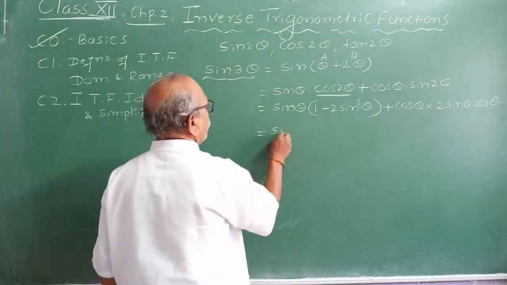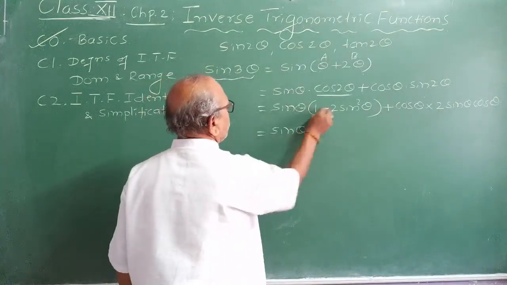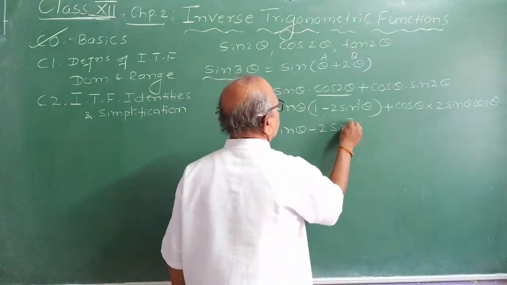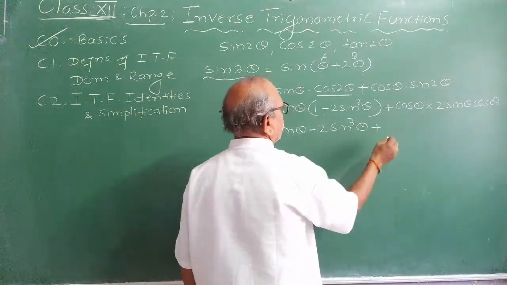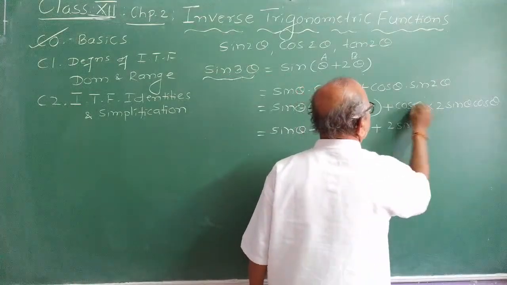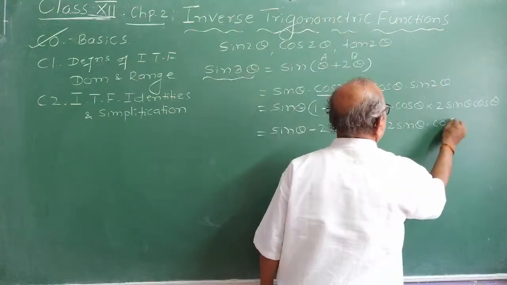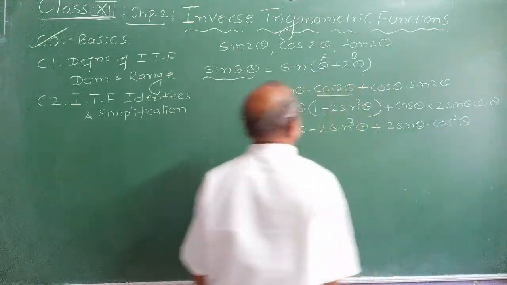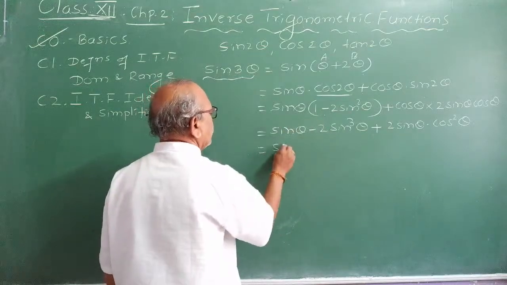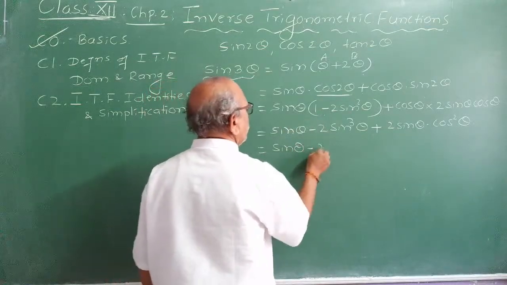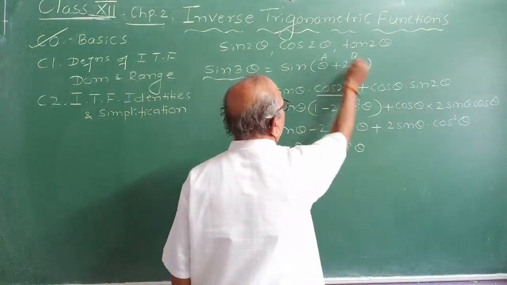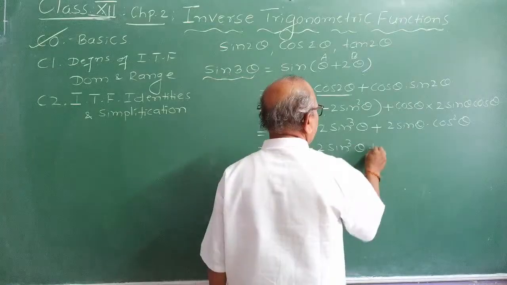Remove the bracket, you get sin theta. Plus into minus is minus 2 sin cube theta, plus you write 2 sin theta cos theta into cos theta becomes cos square theta. Already express everything in terms of sin theta. You will get sin theta minus 2 sin cube theta. How are you using the compound angle formula? You can derive them.